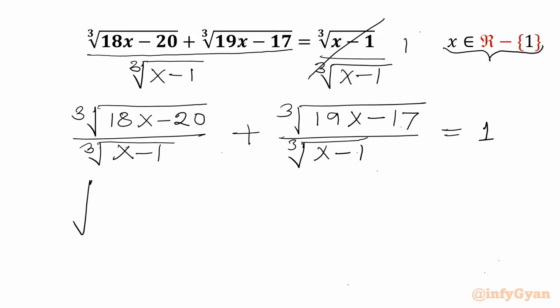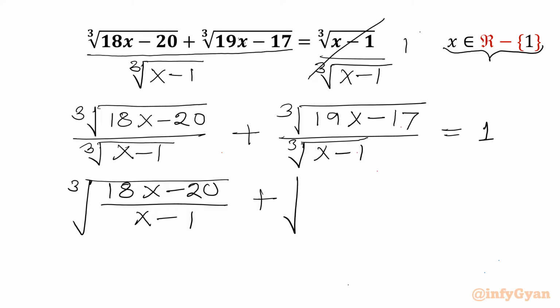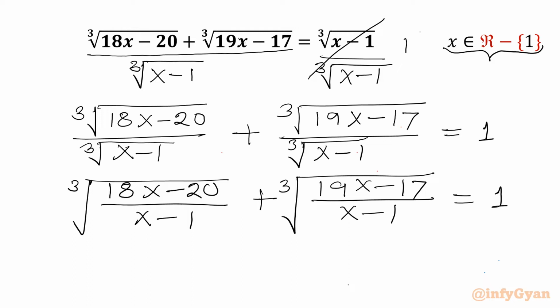Now I will combine both the radicals from numerator and denominator. So cube root of ((18x minus 20) divided by (x minus 1)) plus cube root of ((19x minus 17) divided by (x minus 1)). RHS is 1.